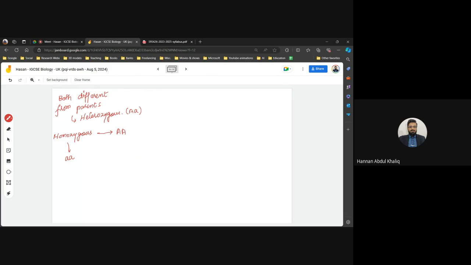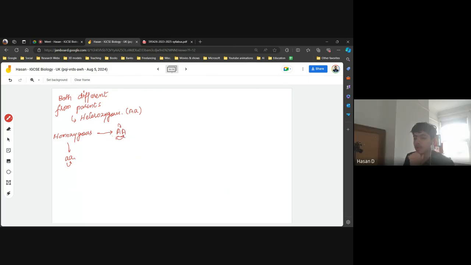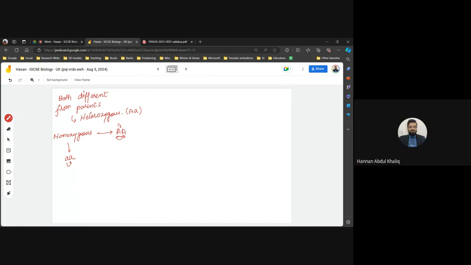But the capital A is an allele to capital A, and small a is an allele to small a. So are they the same or different? I'm not talking about these two, I'm talking about these two. Yes, uppercase A is the same and lowercase a is the same. Obviously. So this is one genotype.